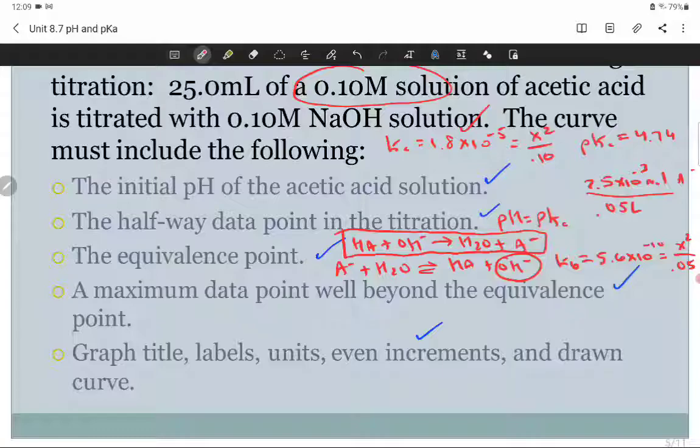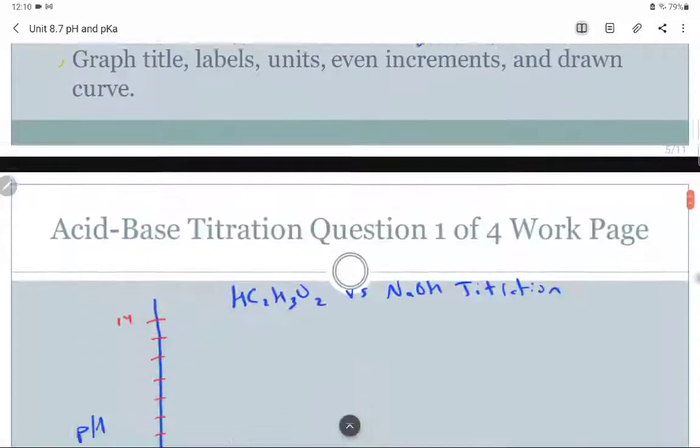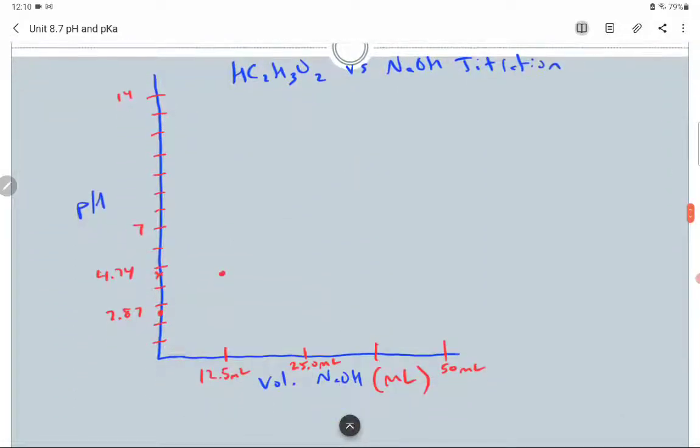So you can solve that to get hydroxide. Take the negative log for pOH, and then 14 minus that to get pH. If you want to see that work, it'll be on, again, 2 sections past.